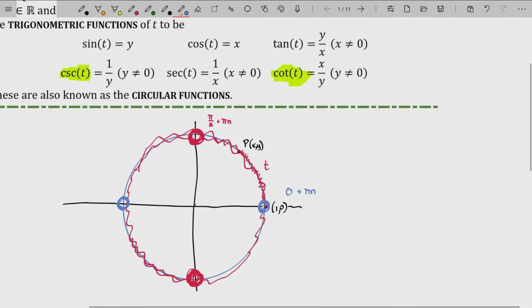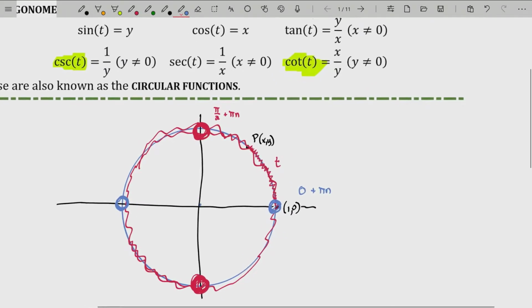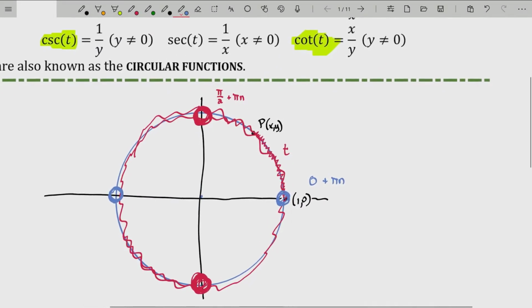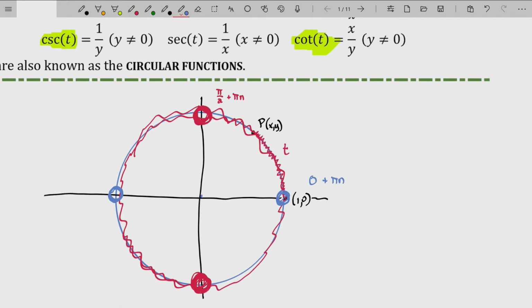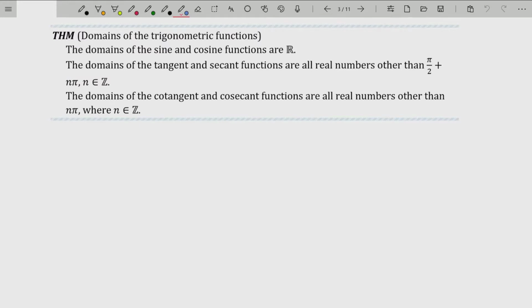And by definition, the cotangent and cosecant are undefined at those points. So pi n would be where the domain does not exist for the cotangent and cosecant. And that's what I say in this theorem right here. So that gives you the idea why the domains are what they are for the trig functions when you saw them in your trig course.